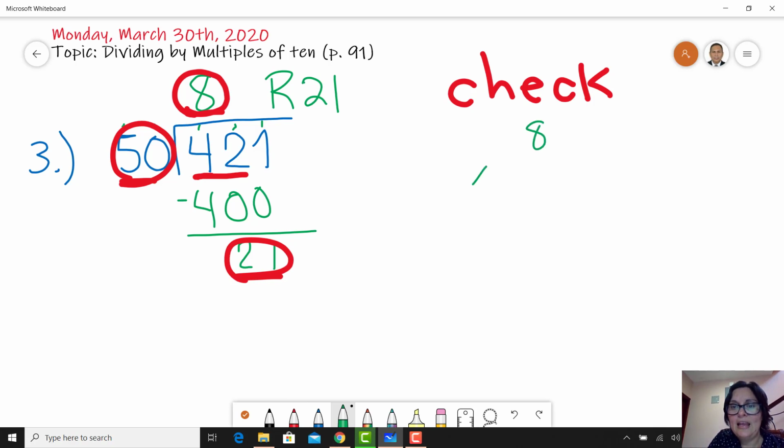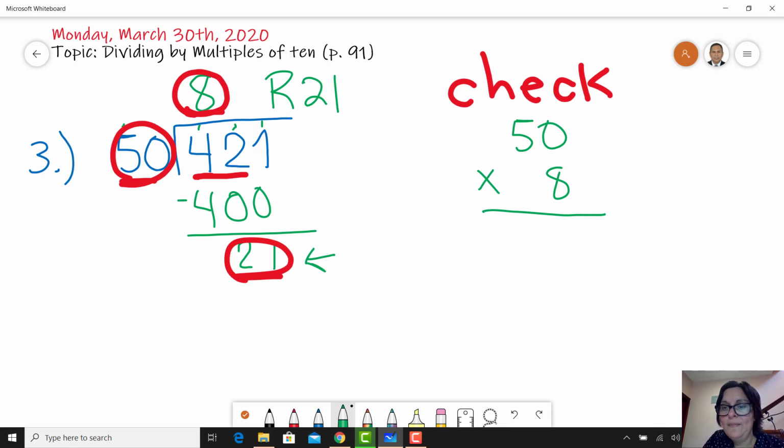8 times 50, or it's the same to say 50 times 8. Remember that the order doesn't matter. And at the end we are going to add this. 8 times 0, 0. 8 times 5, 40. And now we have to add the remainder that we have here, plus 21. 0 plus 1, 1. 0 plus 2, 2.